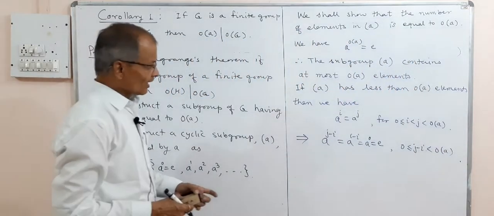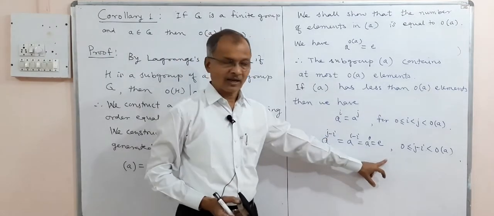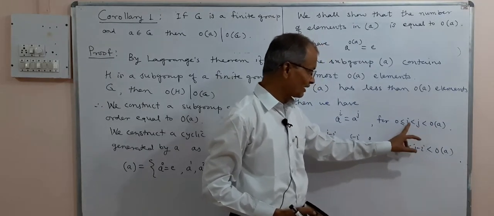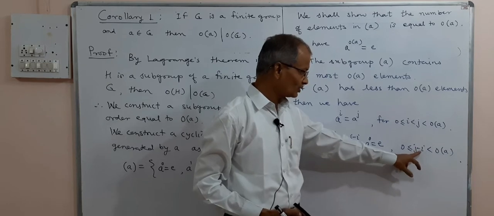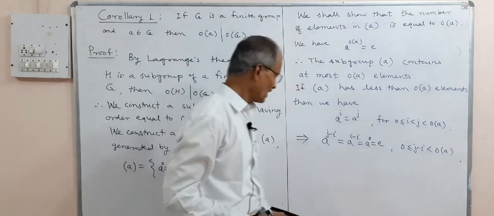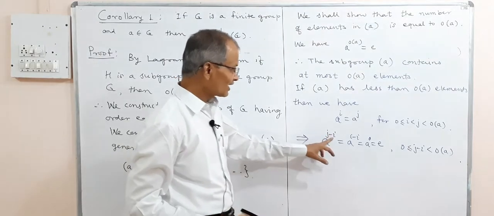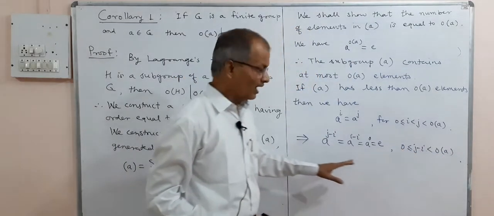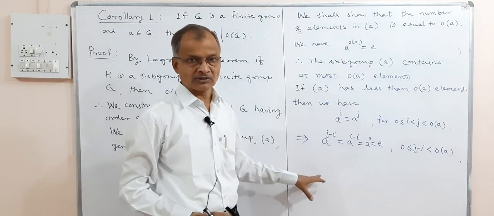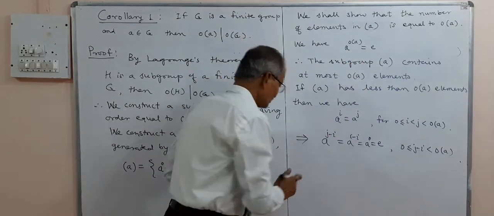Since i and j are both less than order of a and j is greater than i, the difference j minus i is greater than or equal to 0 and also less than order of a. Now this is a contradiction, because the order of a is the least positive integer such that a raised to the order of a is equal to e.